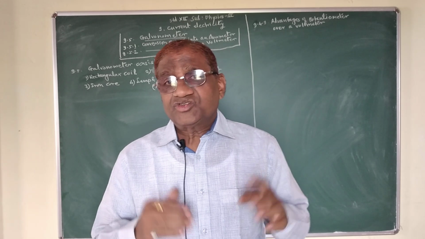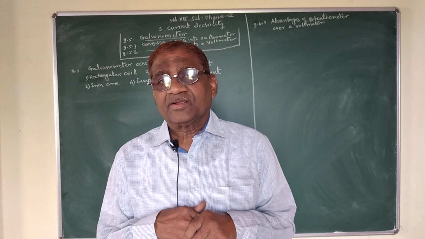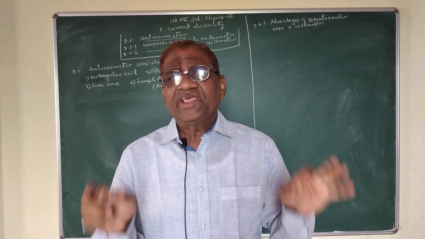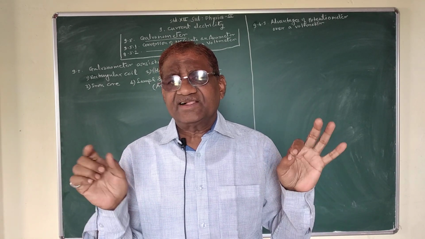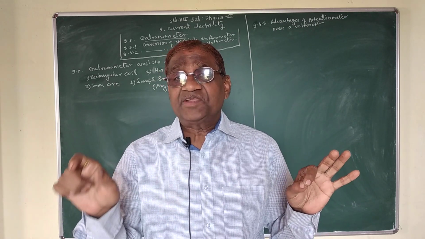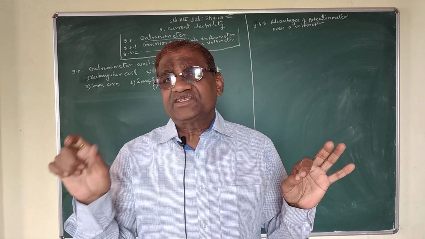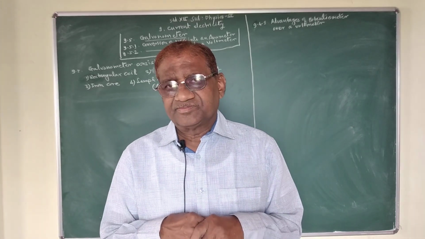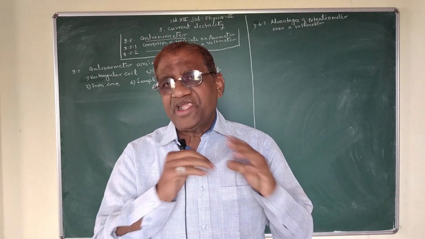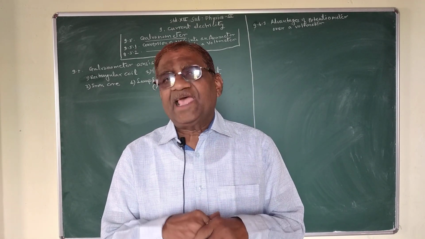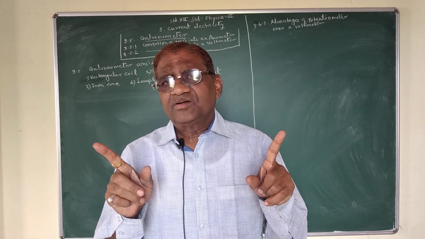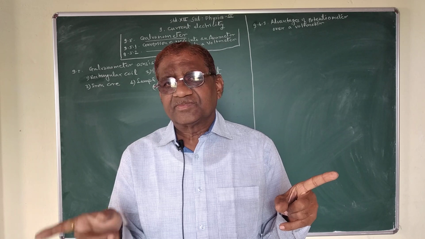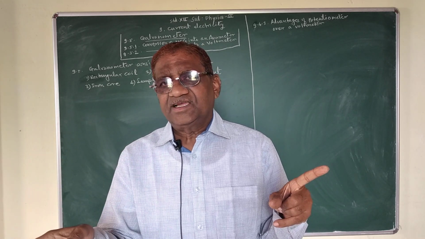Now, galvanometer instrument we can use for the measurement of very small electric current in an electrical circuit, as well as for the measurement of very small potential difference between 2 points in an electrical circuit, so that this instrument can measure both quantities, that is electric current as well as potential difference.